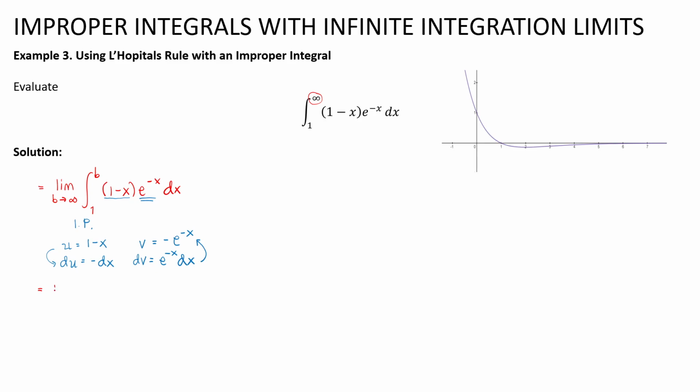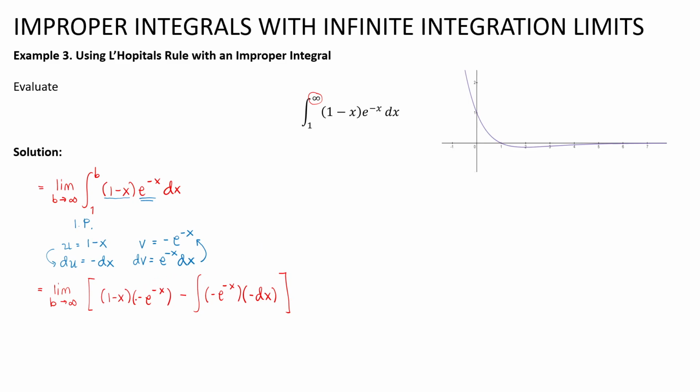So this will be the limit of b approaches infinity, and then you're going to have uv, so you have 1 minus x times negative e raised to negative x, right? And then minus the integral of v du. So this is negative e raised to negative x, and then du is negative dx.